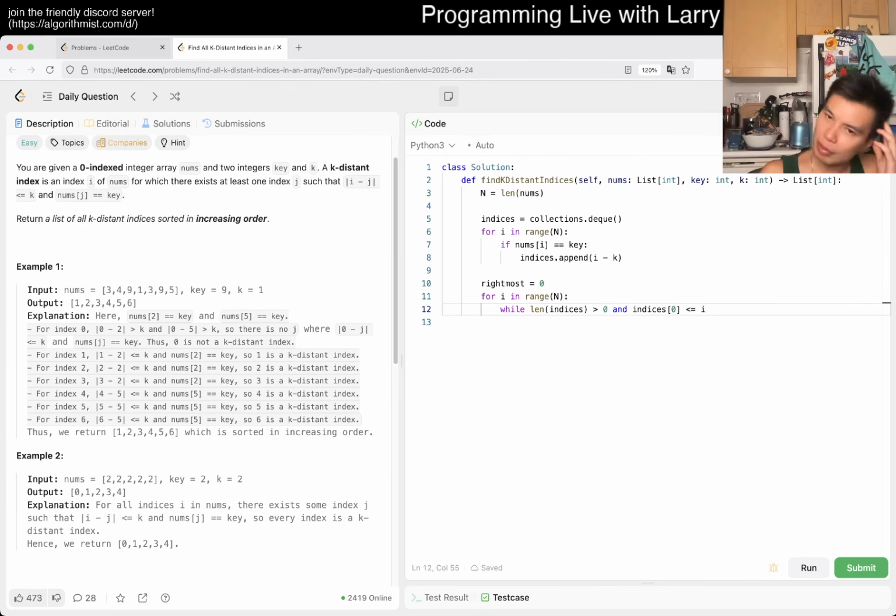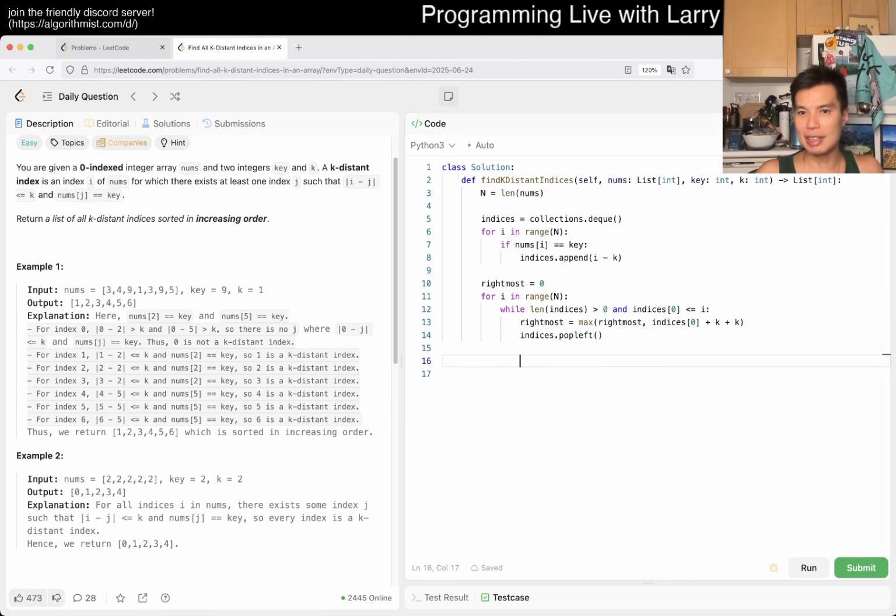If this is the case, then we do pop left, but then we set rightmost equal to max of rightmost and indexes of 0 plus k. No, just plus k. And then that's the last index that we care about. Maybe it is plus 1, but I think this is right.